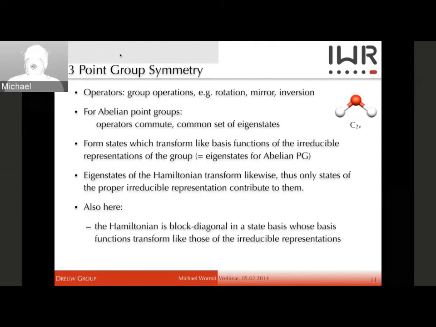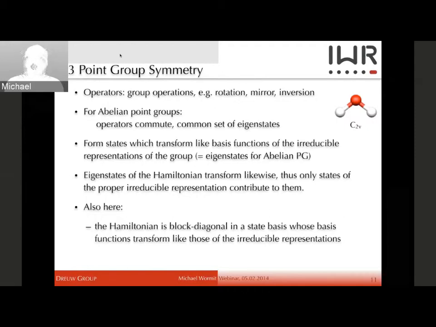For example, in case of the water molecule, for C2V, you have the totally symmetric irreducible representation. So the application of every operation on a basis function which is associated to this totally symmetric irreducible representation would map the irreducible representation onto itself.